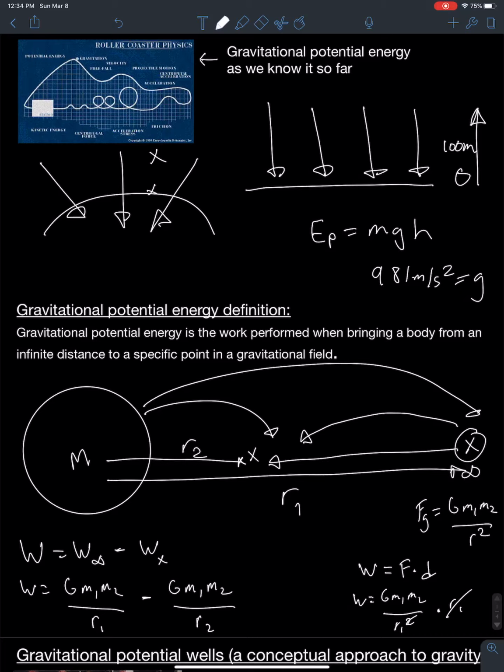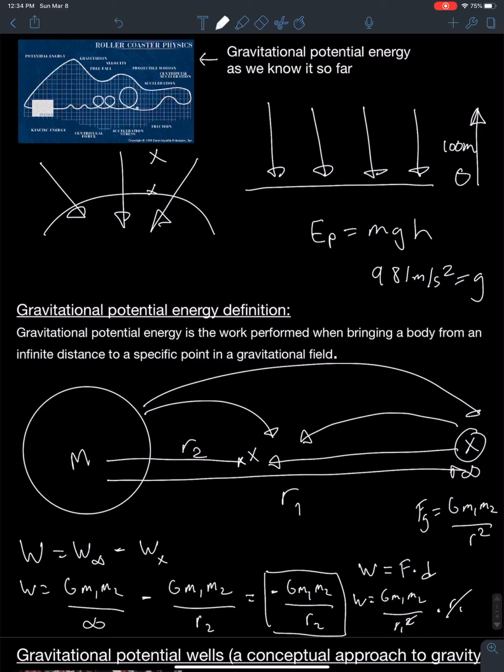If I plug in infinity over here, G M1 M2 over infinity is going to become 0. So 0 minus G M1 M2 over R2 becomes negative G M1 M2 over R2.